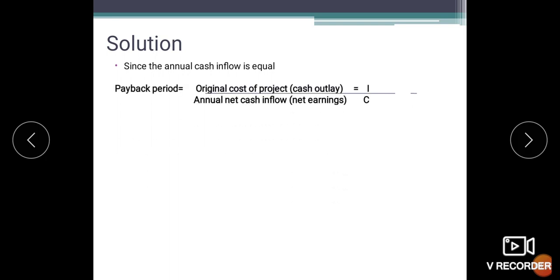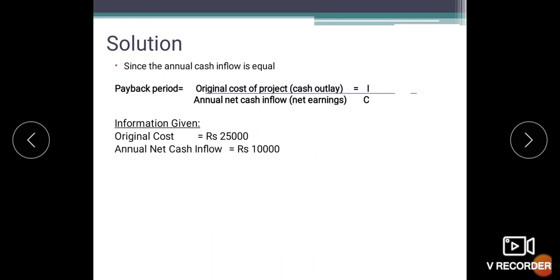So going to the solution part, since the cash inflows are equal, we will stick to the first formula, that is the original cost of the project divided by the annual net cash inflow. Now we can write down the given information from the question. The original cost is given, that is 25,000.